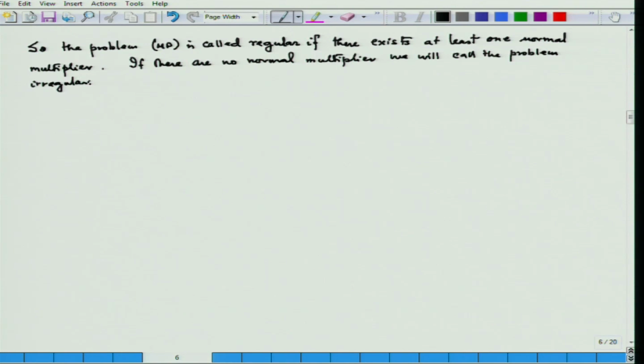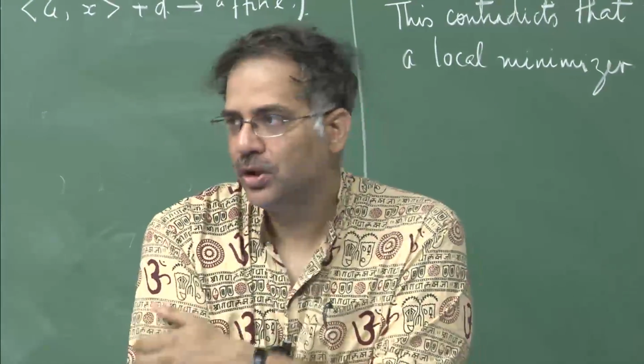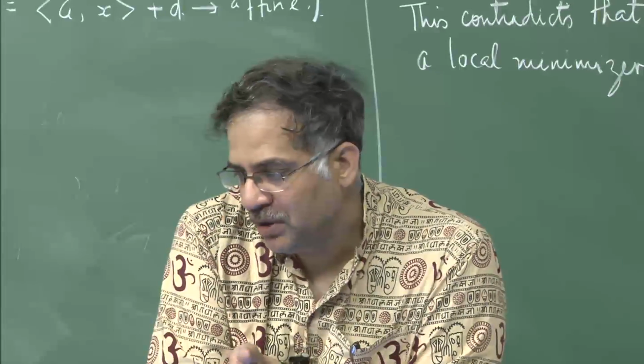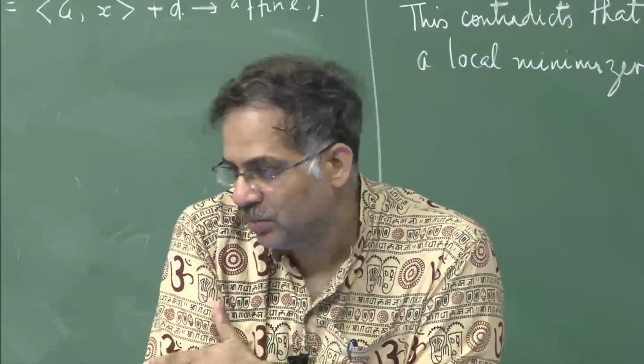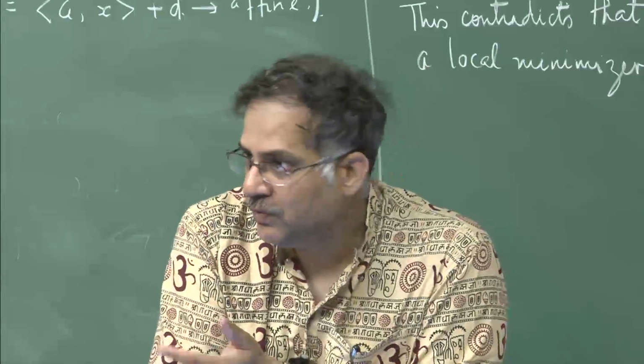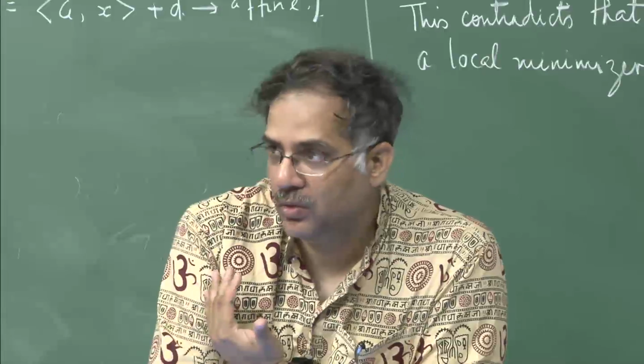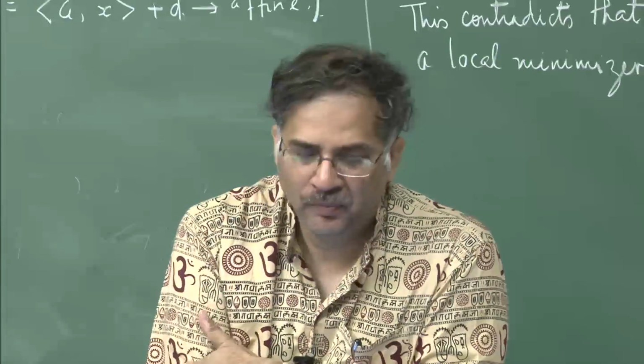Now, we shall show in the next class with examples that there will be a problem whose Fritz John multipliers could be abnormal for a given solution, or could be normal. There could be a situation where there are no normal multipliers, and there could be a situation where there are only normal multipliers.